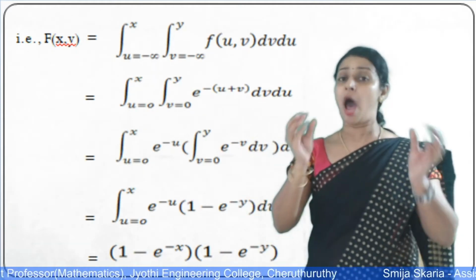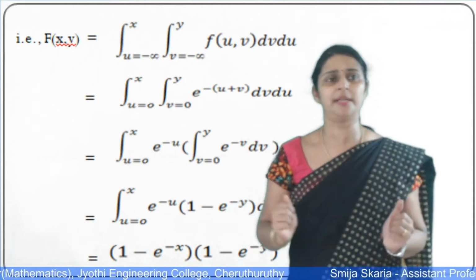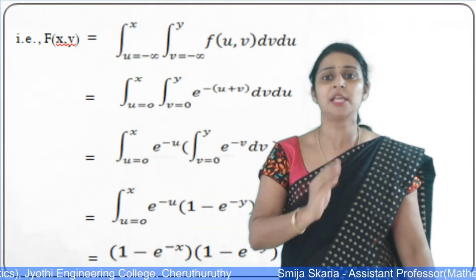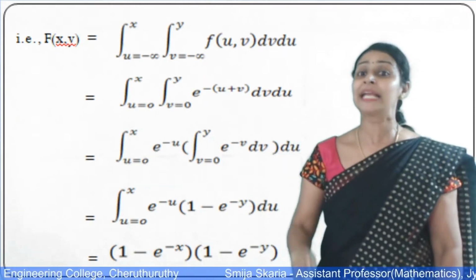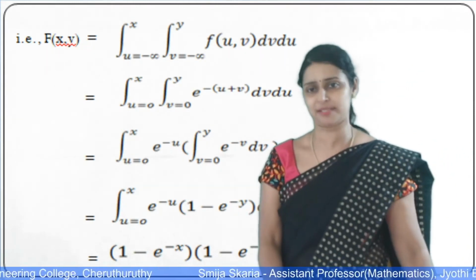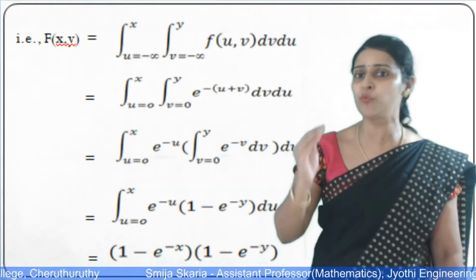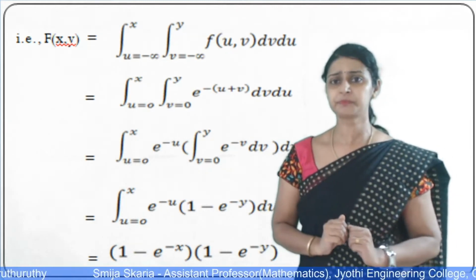How will you integrate double integrals? When we integrate double integrals, first we evaluate with respect to a particular variable, keeping the other variable constant. Here we can integrate first with respect to v, keeping u constant.